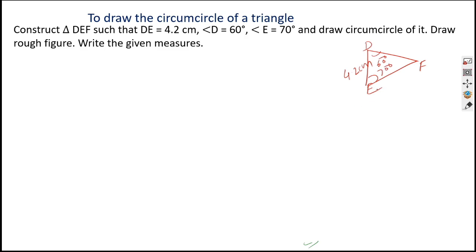This type of construction you have studied. For the convenience of drawing, I will be redrawing this rough diagram DEF. DE will be marked as 4.2, D will be 60 degree and E will be 70 degree.